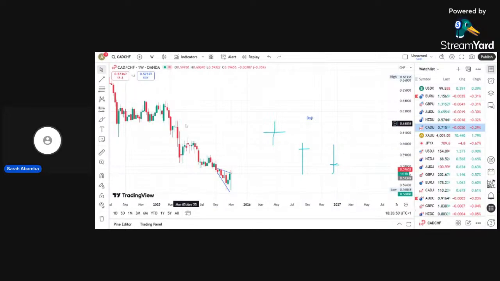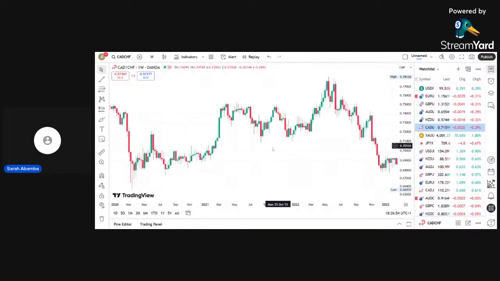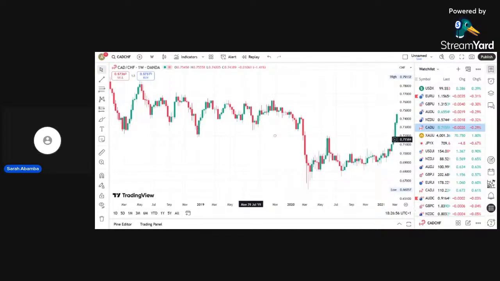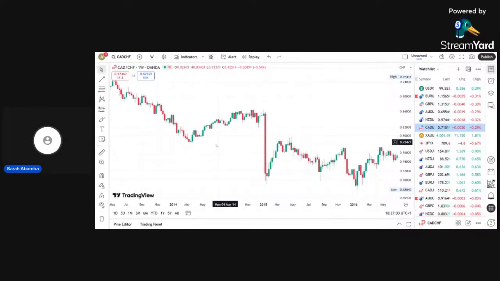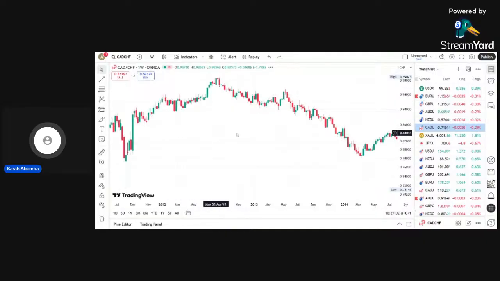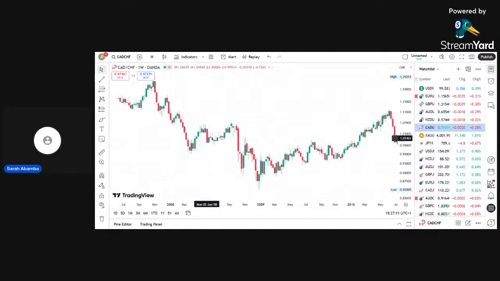So let's quickly look at examples in our chart. We're still on the same pair, CAD CHF. But if I don't see any example, I'll go to another pair to look for it. That's how you do analysis. This is how you learn. Wow, this is a very beautiful symbol, and the market just went.